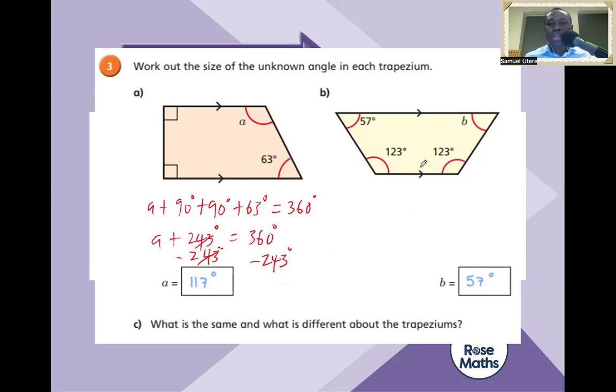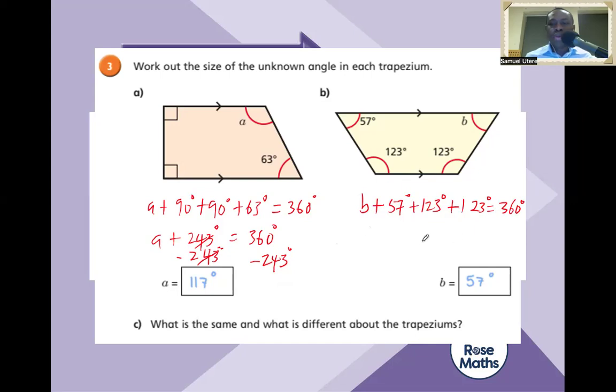Next, you're asked to do this one. So again, using your equation solving skills, you do B, add 57 degrees, add 123 degrees, add 123 degrees, all will add up to 360 degrees.